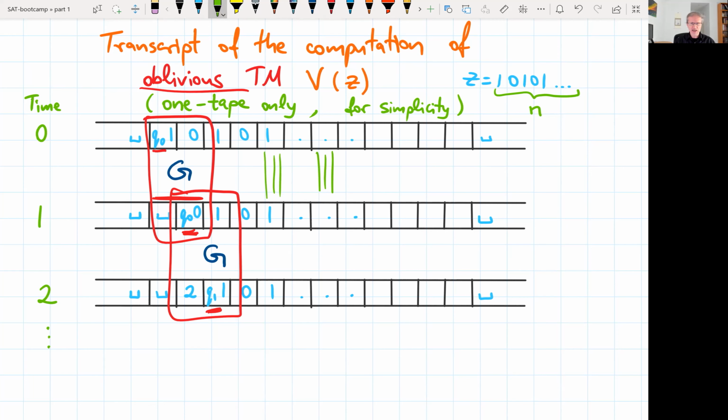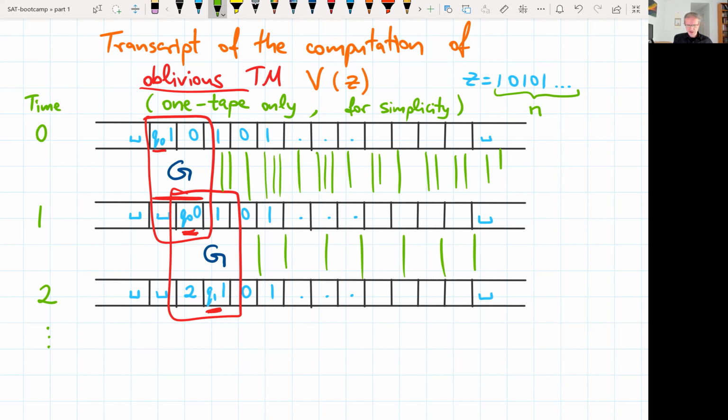The symbols don't change, so I don't need to perform any computation, I just copy. And so I have a bunch of wires going down where no action is happening, no computation is happening, and where computation is happening, I have my circuit G of constant size because it depends only on 2 tape symbols.